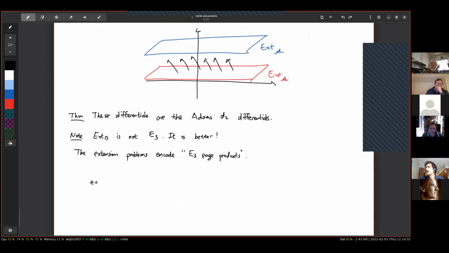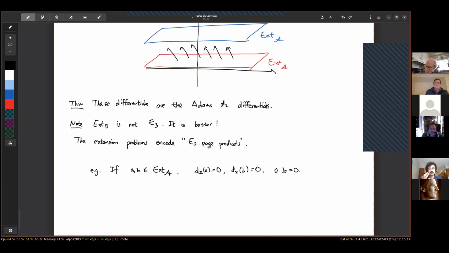For example, let's say A and B are in X over A, then D2 of A is 0, D2 of B is 0, A times B is 0. So the product is 0 on the E2 page, and we can ask if there's a hidden extension on the E3 page. So pick lifts, which I'll call square brackets A, square brackets B, in X over B of A and B.